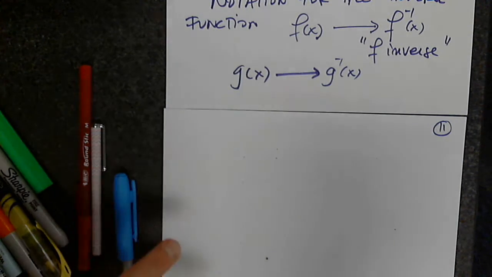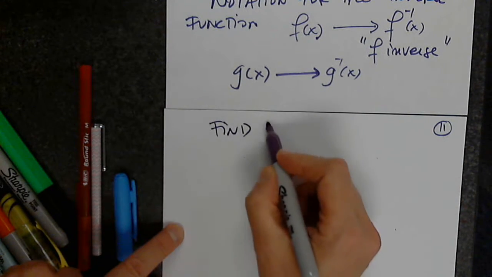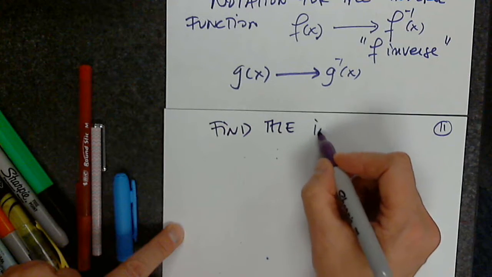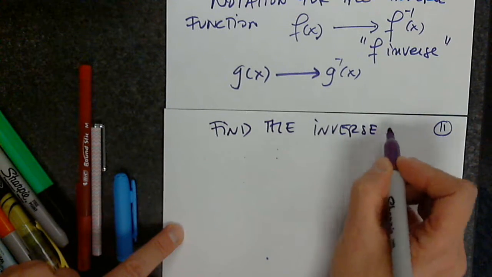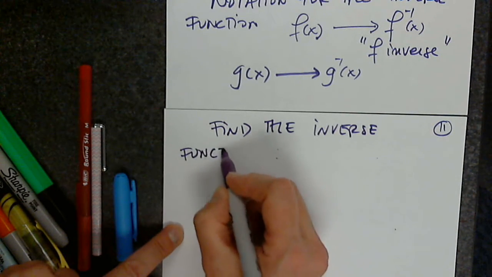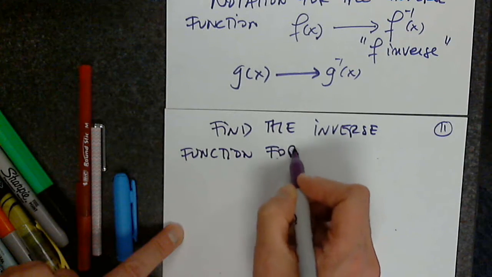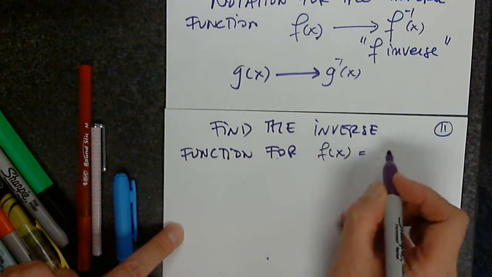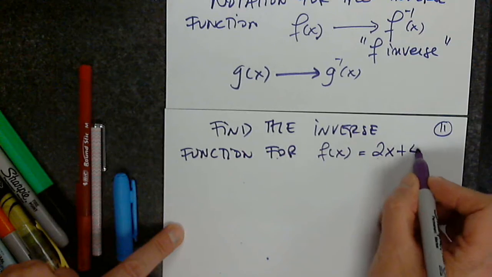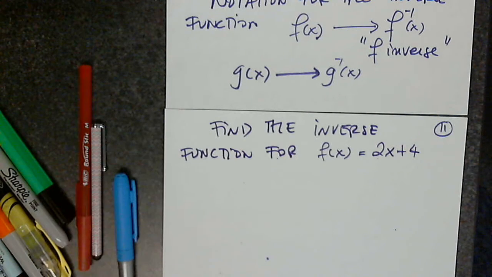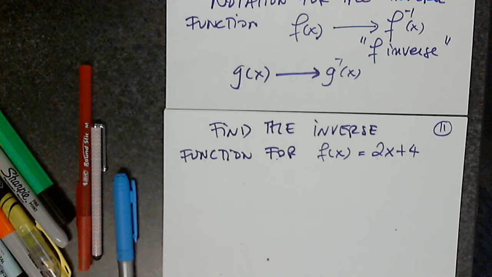So, find the inverse function for f of x equals 2x plus 4. First, I have to ask you, is this function one-to-one? Because if this function is not one-to-one, I will say, forgive me, sorry, but I can't find an inverse because this function is not one-to-one.